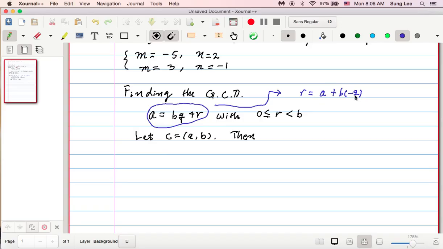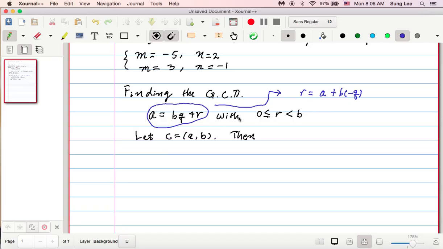Addition is an operation, but minus is not a binary operation; it's actually the inverse element. So I want to write it in terms of its operations. Anyway, what do you see? r is actually a linear combination of a and b.